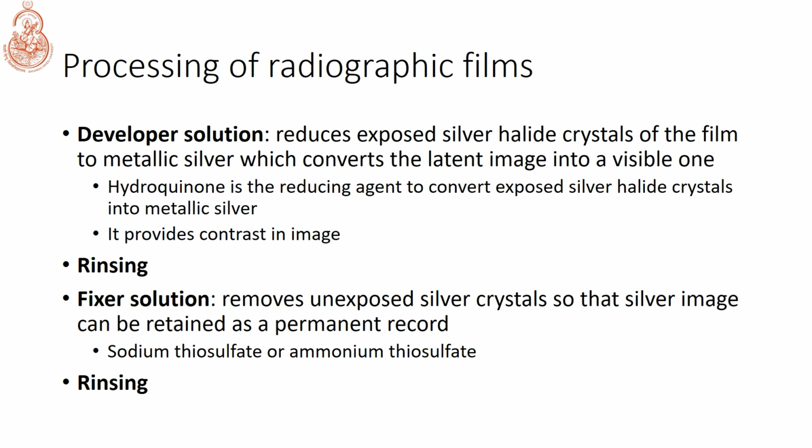And while it is getting reduced, on the other side we are converting the latent image present on the X-ray film into a form which will be visible to everyone. That happens inside the developing solution.